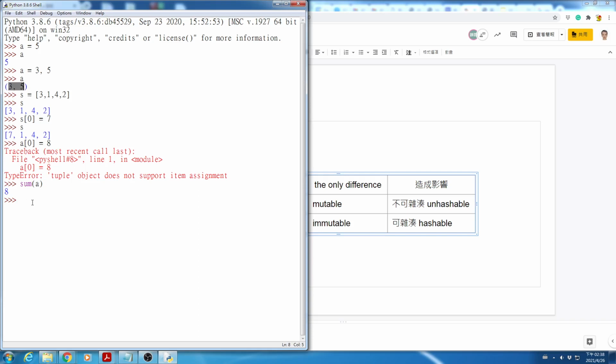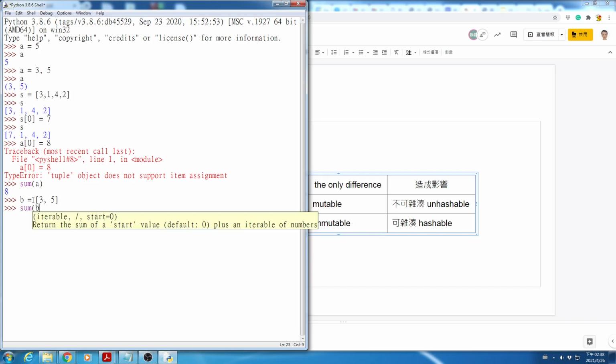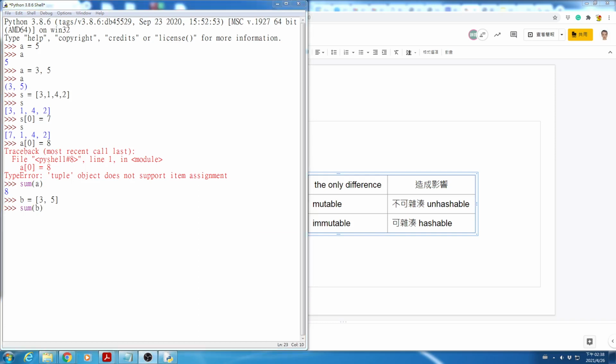But can we do that in something like B, which is a list of 3 and 5? Can we still get the sum of B? So can we do the same thing to B, which is a list? Yes, why not?